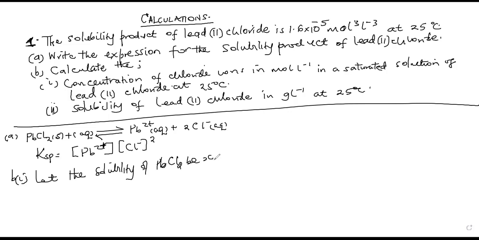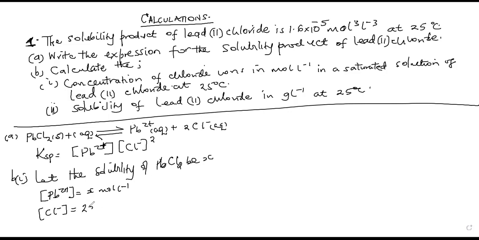Now, if the solubility of lead 2 chloride is x, it means that the concentration of lead 2 ions would be x moles per liter, since everything was given in moles per liter. But because of the reaction ratio, 1 to 2, the concentration of chloride ion would be twice the concentration of lead 2.